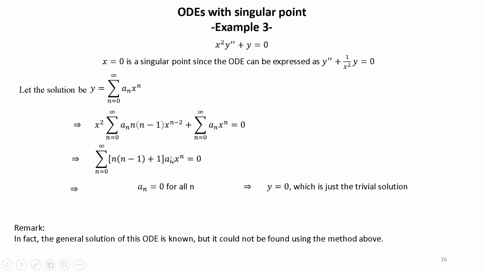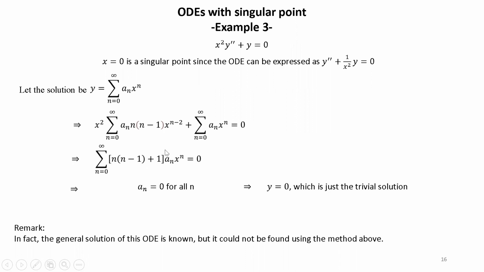But you can see that this is not a relation between an and an plus 2, right? So this whole term here just has this an by itself. And the reason is because in this whole process, this time, you didn't do any shift of index, right? Because this x to the n minus 2 is multiplied by this x to the power 2, right? So that's why in the first sum, you have x to the n, and in the second sum, you also have the x to the n. So then there's no need for you to do any shift of index. And because of that, you cannot find a relation between this an and an plus 2.